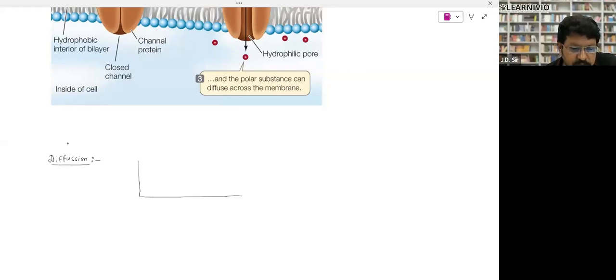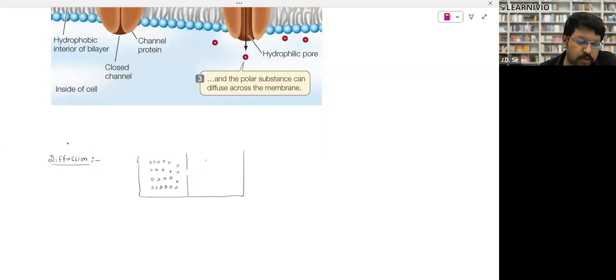Look, how does the diffusion take place? Suppose, for the sake of example, there are two chambers, right? Between these two chambers, there is a hole. Here let's take that there are salt molecules, right? These are salt molecules, in water.